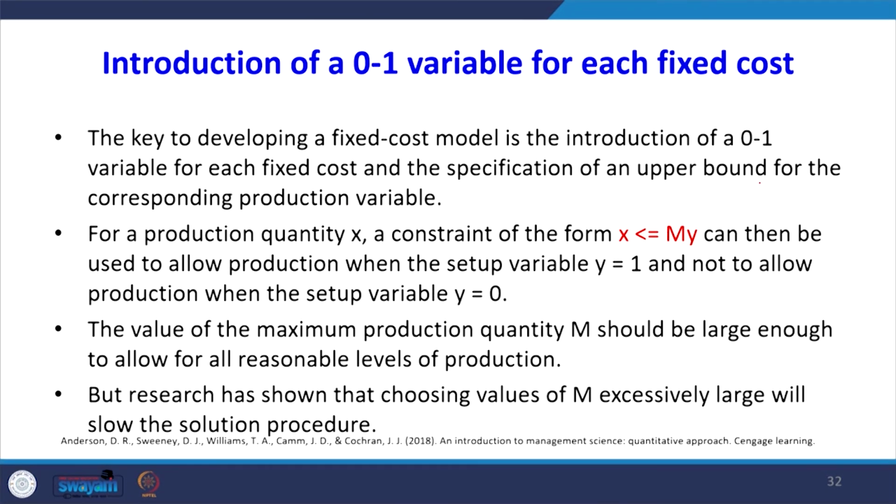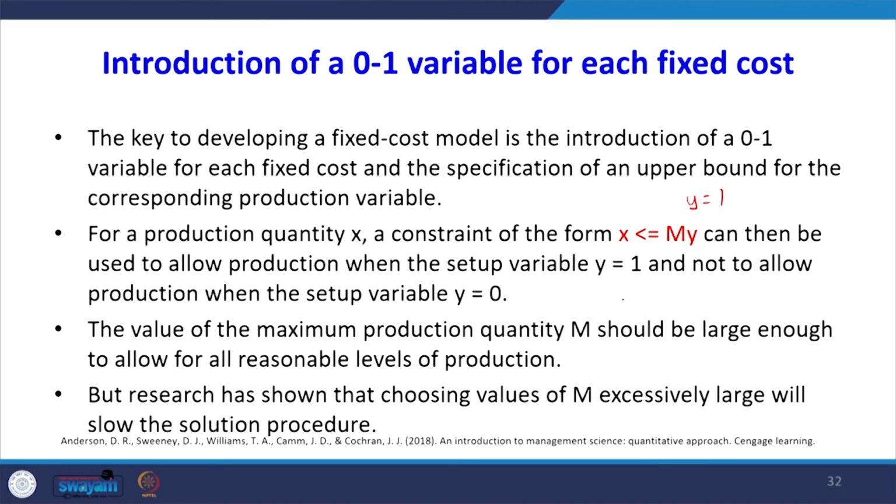This specification of upper bound represents your production capacity. So for a production quantity X, a constraint in the form X less than or equal to My can then be used to allow the production when the setup cost is Y equal to 1. So when Y equal to 1, the maximum quantity that can be produced is M.